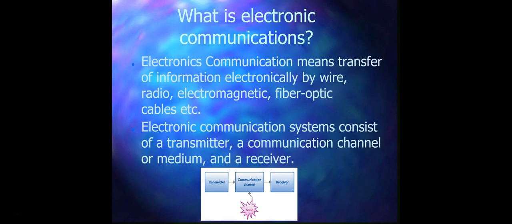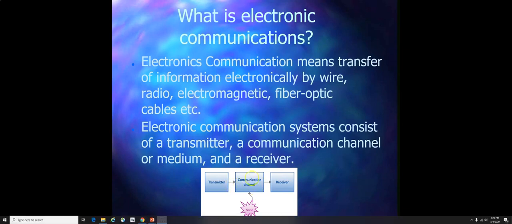And the communication system, as you can see in the picture, consists of three important key elements, which are the transmitter, communication channel, and a receiver. In an electronic communication system, the information is referred to as a message, which is transferred through this communication channel.